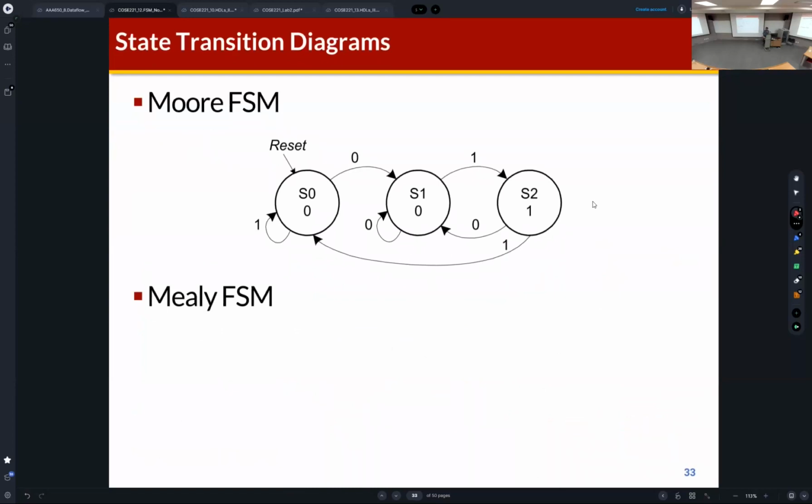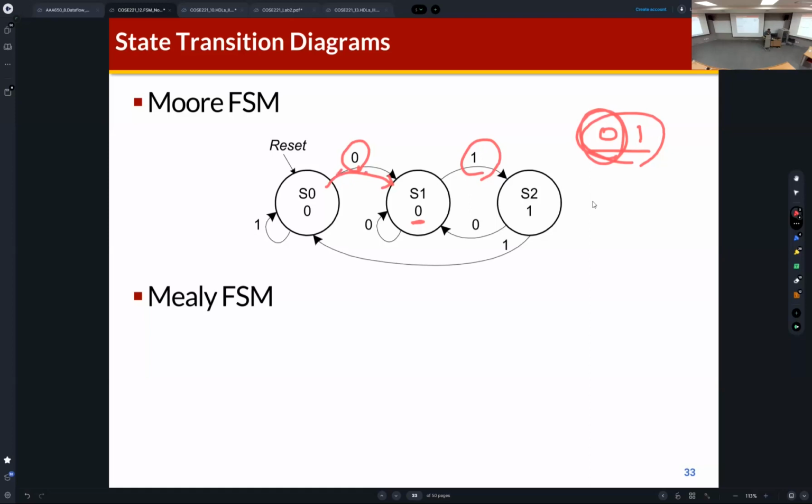We need to detect the 0, 1. It's the same. Firstly, if we detect the 0, then the output is 0. But we need to detect this sequence of input numbers, right? It's 0 and 1.